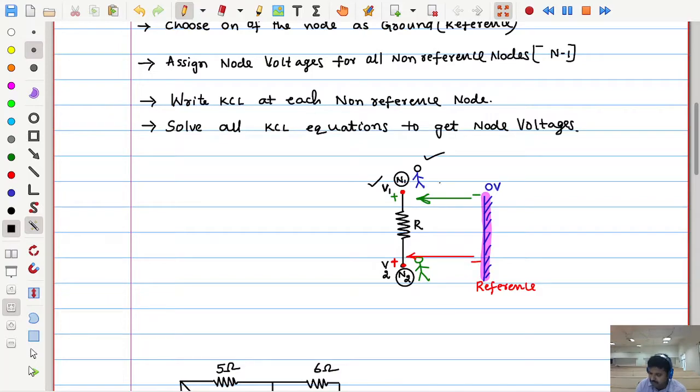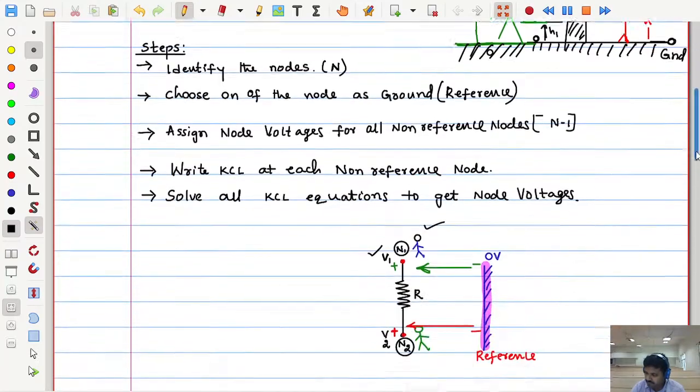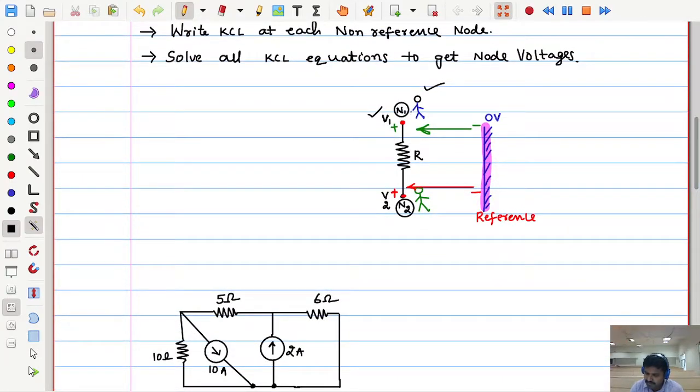Just like the previous height analogy, whoever is taller than the other, that is what we would like to do. If my assumption is that I am taller, then I say I am so much higher in height than the other person. H minus something like H3 is the difference between me and my friend.